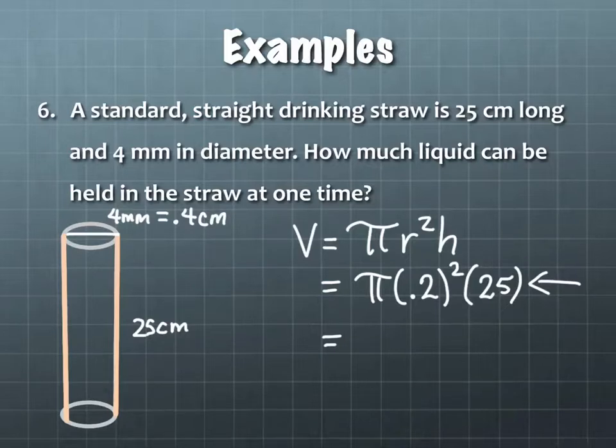That's what pi is. Yeah. But then did you multiply the 0.2 squared and the 25? That's what I got too. 3.14159. Because 0.2 squared is 0.04, and that times 25 is 1.